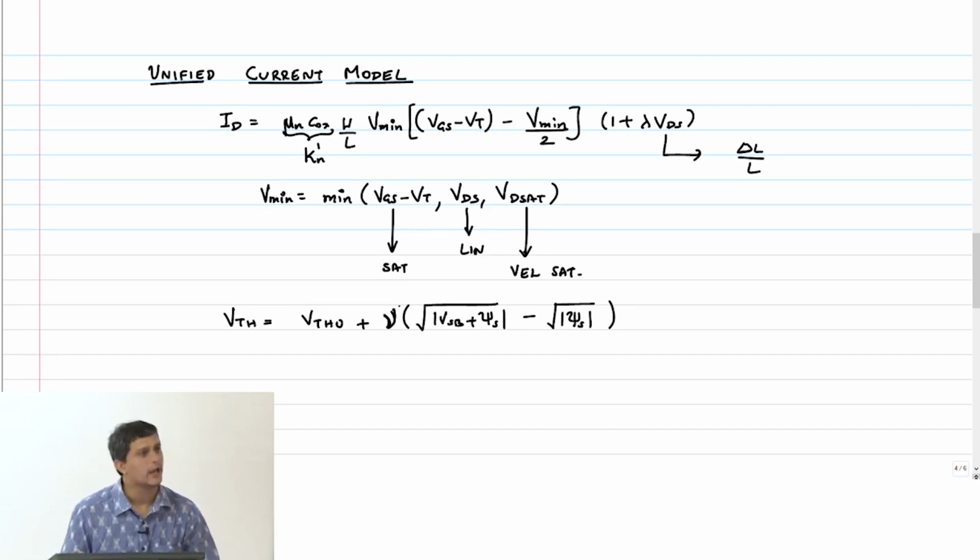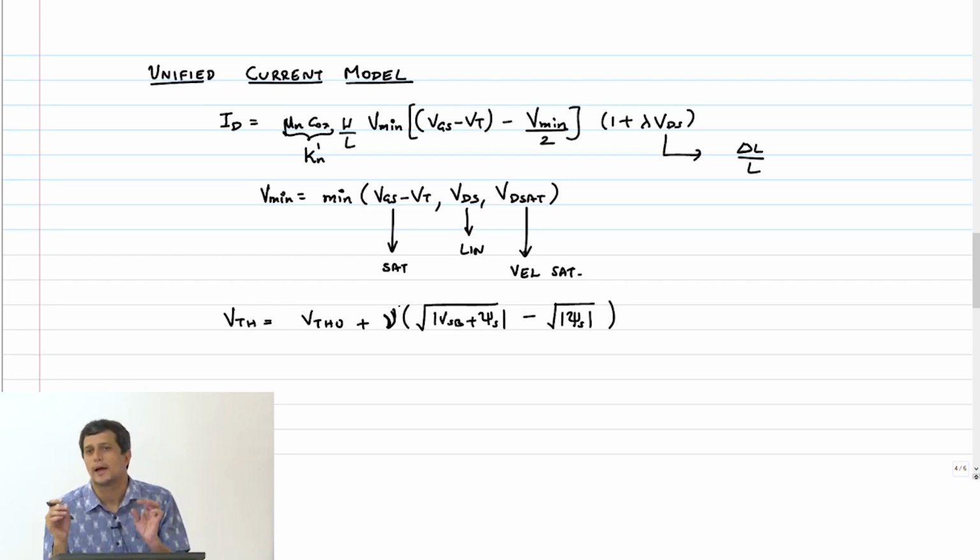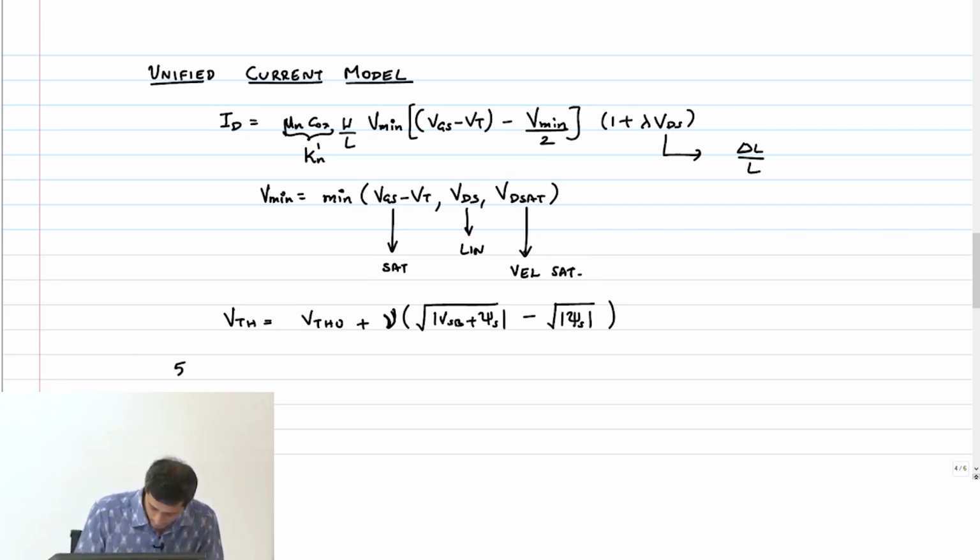So if you look at this current equation, I have 5 parameters, not just the current and threshold voltage equation.